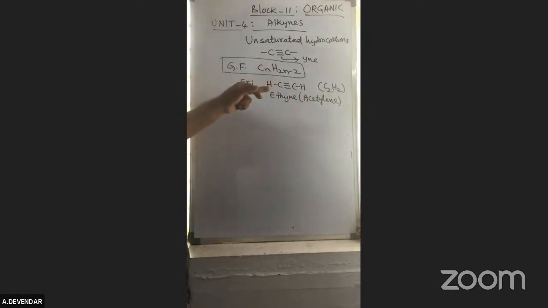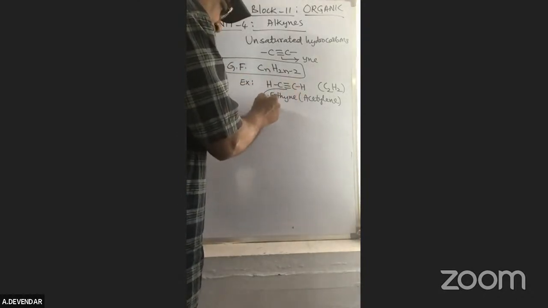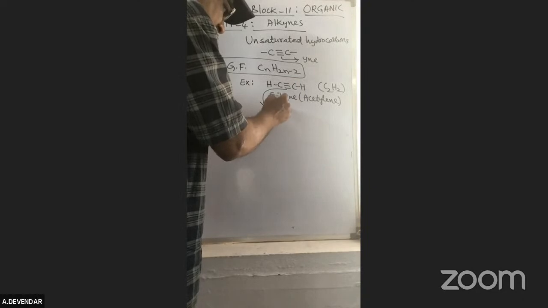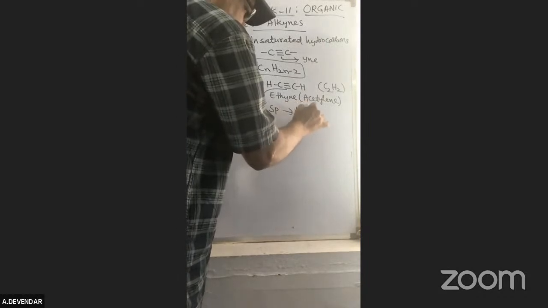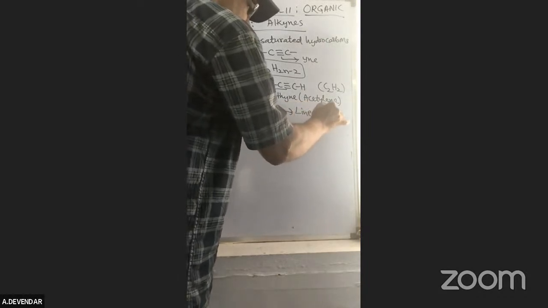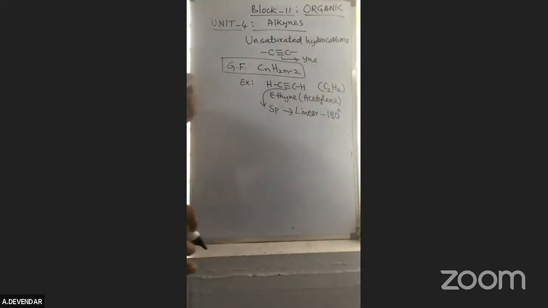Now this ethyne molecule, with its triple bond, has sp hybridization, and the structure is linear, making a bond angle of 180 degrees. It is a straight, linear structure.